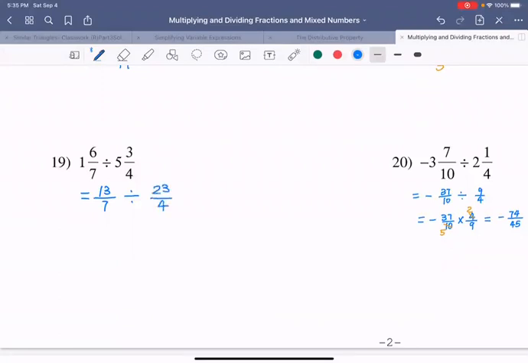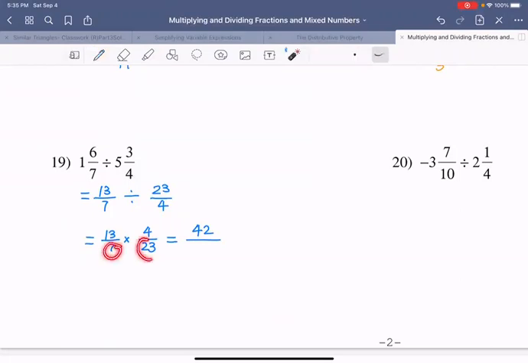When you divide, you actually multiply, but on the second fraction you switch places. So you times the reciprocal of this guy, 4 over 23. 13 times 4 is 52. 23 times 7 is... so it's all downstairs. Try using your mental math.